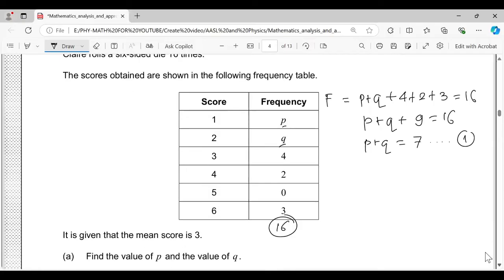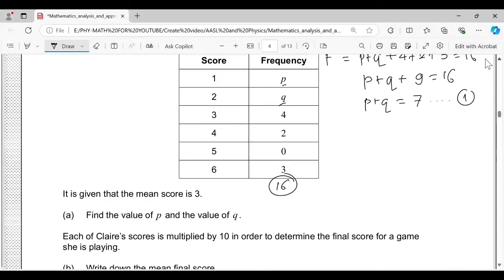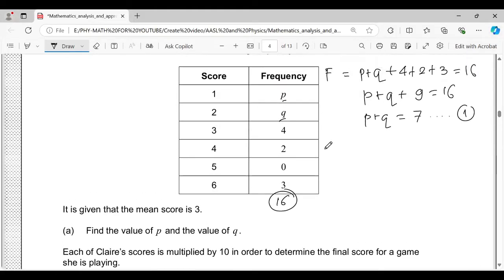And the second piece of information is that the mean score is 3. So the mean is 1 times P, 2 times Q, which is 2Q, 3 times 4 is 12, 4 times 2 is 8, 5 times 0, and 6 times 3 is 18, all over 16.